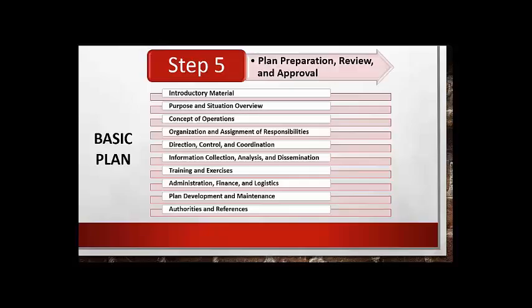Remember that once you have all these sections in place, you have created this full document, you need to be careful that you don't share every part of the emergency operations plan with every partner or every person. The planning team needs to determine what should and what should not be shared and with whom it can and cannot be shared.